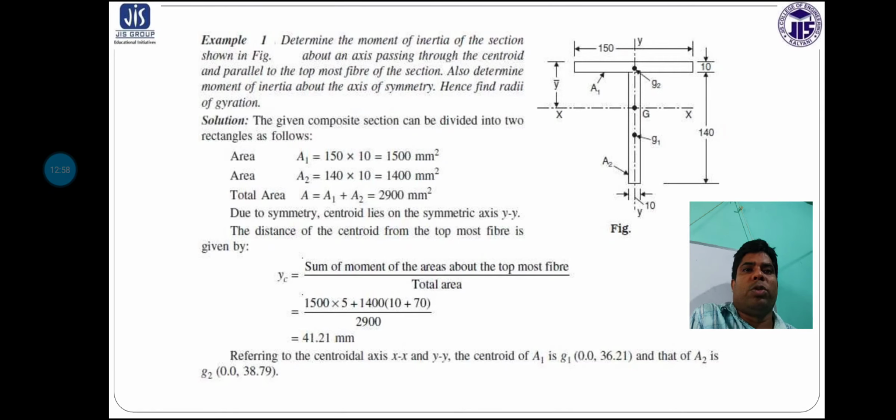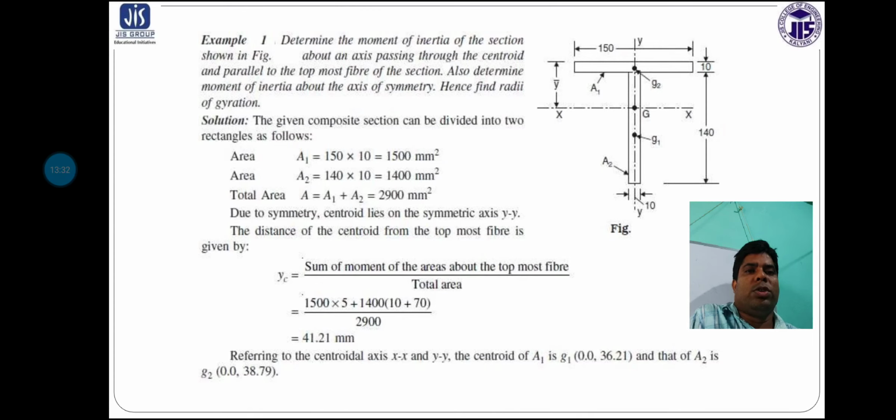Also determine the moment of inertia about the axis of symmetry, and hence find the radius of gyration. This figure is a standard figure, which we name the T section. The given composite section is divided into two rectangles. A1 is equal to 150 into 10, area A2 is equal to 140 into 10, and the total area A is equal to A1 plus A2.